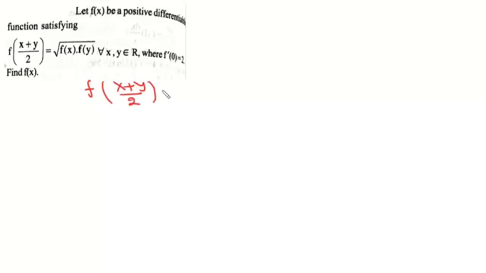Now the question is, let f x be a positive differentiable function satisfying f of x plus y by 2 is equal to under root of f x into f y for all x, y belongs to R, and f dash 0 is equal to 2. Find f x. Now we'll write f dash x.